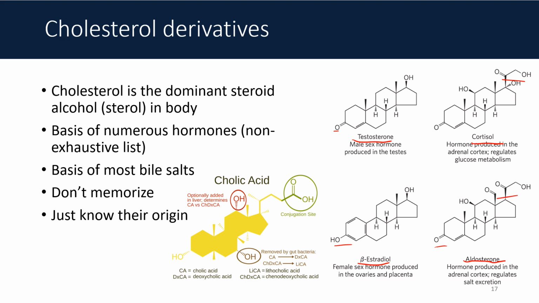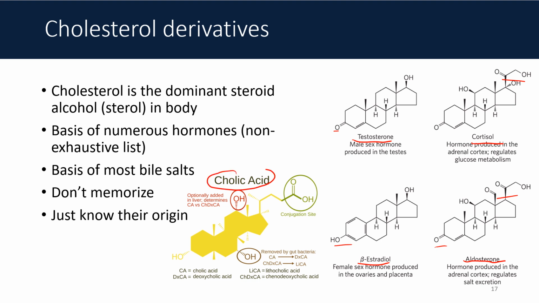Cholesterol derivatives can also have non-hormonal uses, and these are going to be the basis for most bile salts. Bile salts help with digestion by emulsifying the fats that we eat. We'll talk more about that later, and they're able to do this thanks to their highly amphiphilic nature.